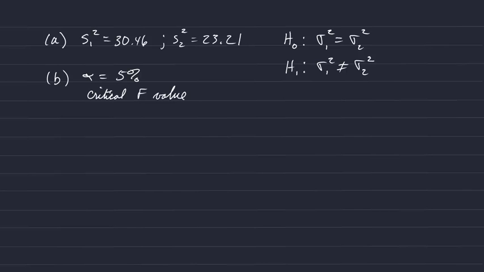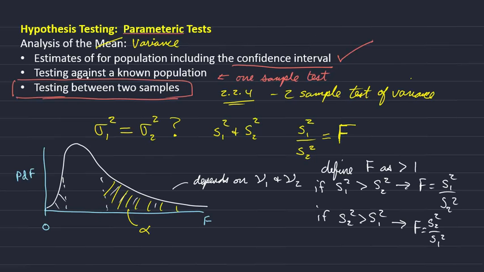So again, we need to find the critical value of F that bounds the area of alpha to the right, with degree of freedom 1 in the numerator and degree of freedom 2 in the denominator.